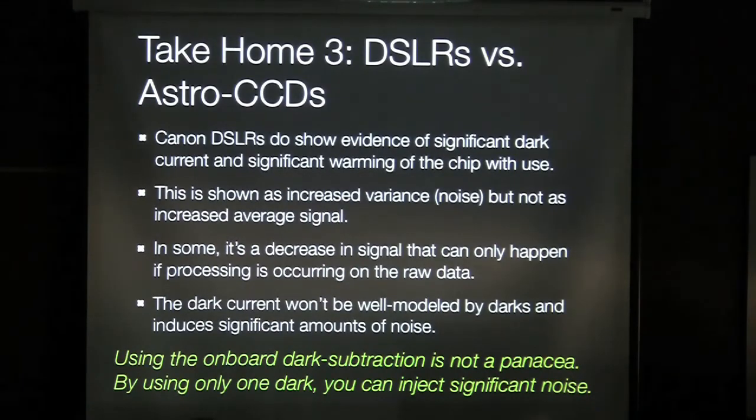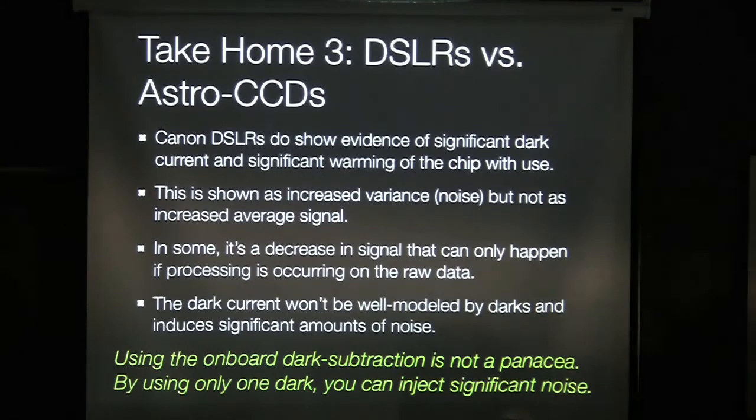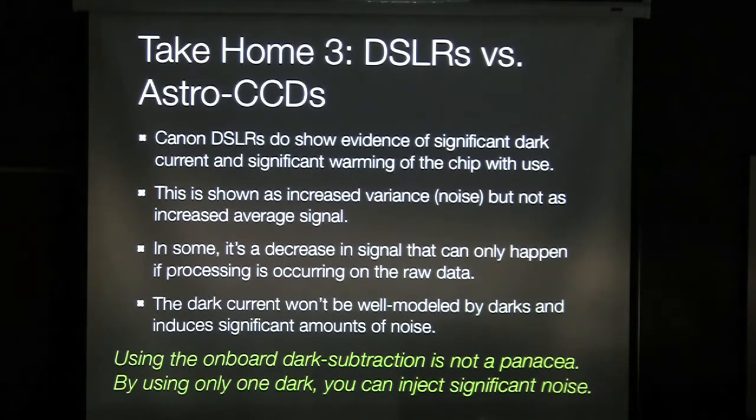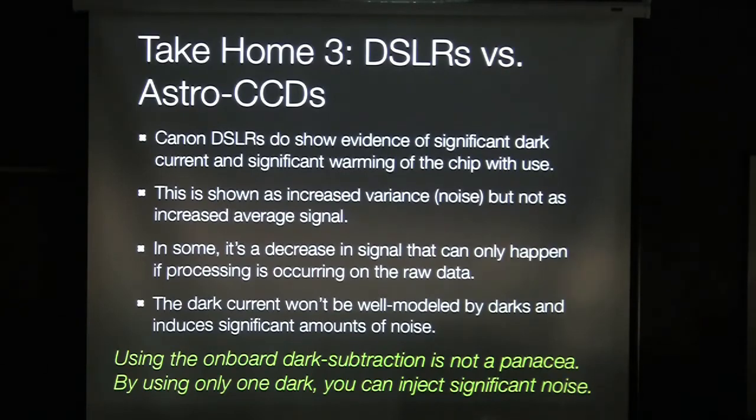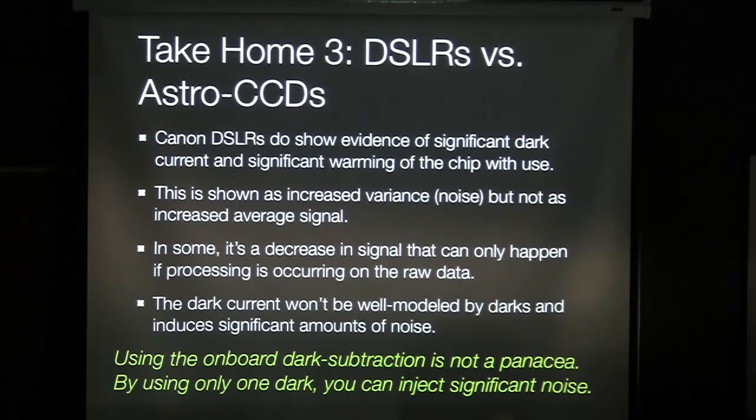Now some will think, okay, let's just use the onboard dark current subtraction by taking a dark frame after each light frame. That's going to help with this temperature tracking issue and presumably some of the scaling issue that goes along with it, but you're now using just one dark frame. And remember, in that dark frame you got the shot noise from the dark current, and it's an appreciable signal.